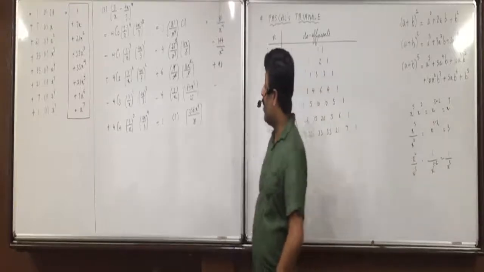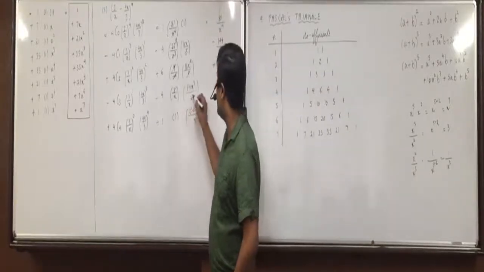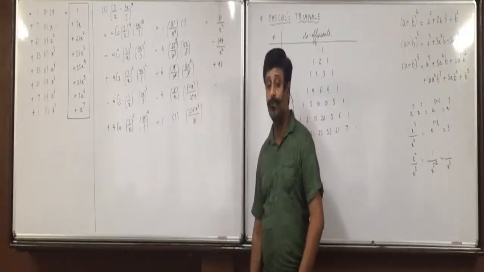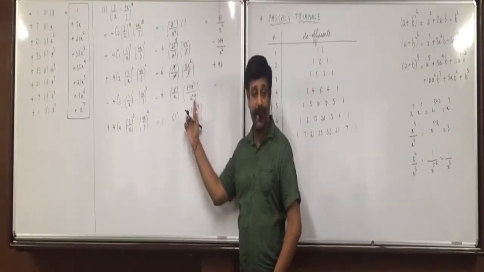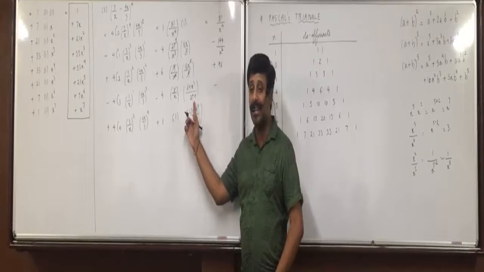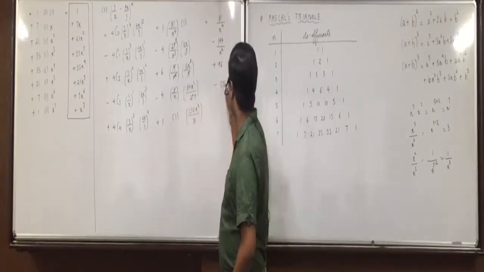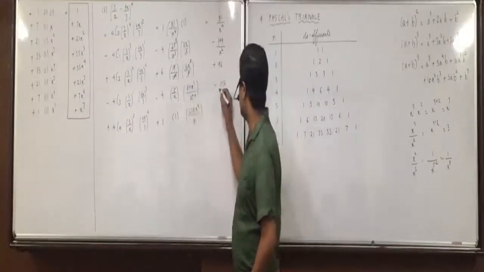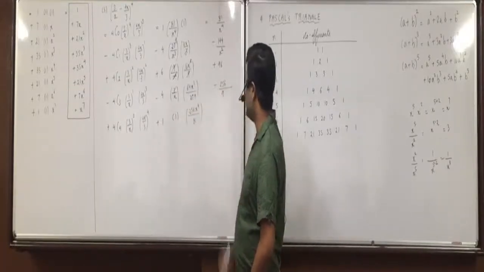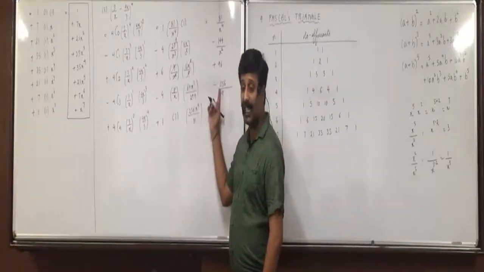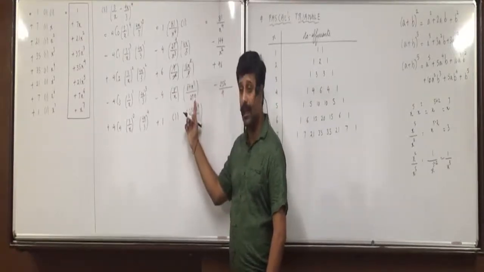Now, see here, 3 into 9, 27. In the constant number, can you cancel anything else? No. 4 into 64, 256, and in the denominator divide by 9.